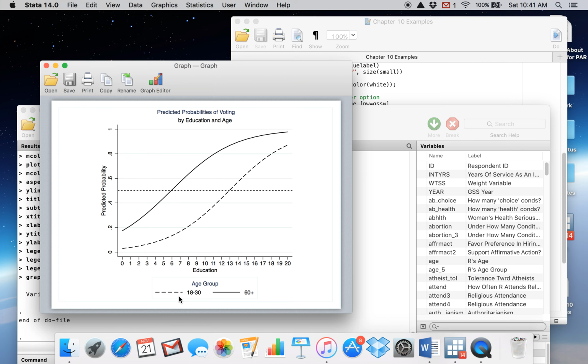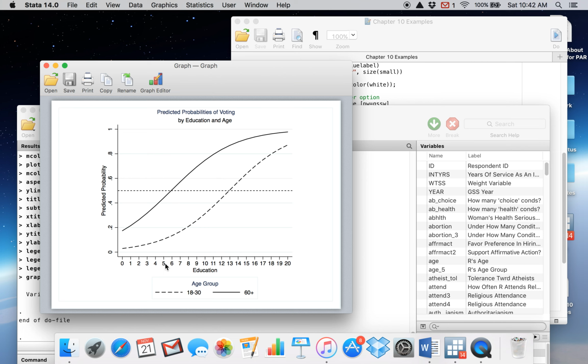So we have 18 to 30-year-olds, and this is their probability of voting with education. And then we have our group of 60 and older, and this is their probability of voting with certain levels of education. And you can see that they're always, at any given point, more likely to vote than the younger group.